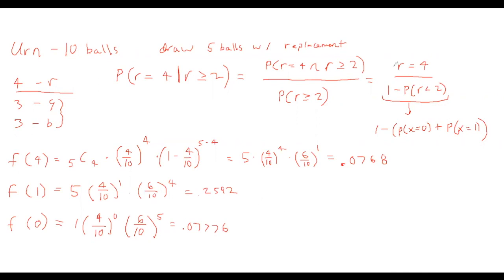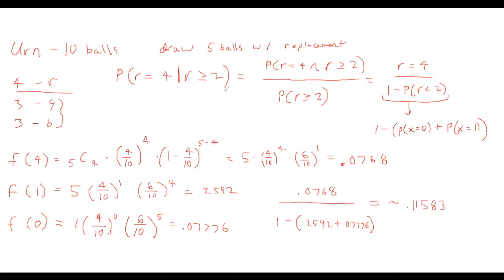And so to calculate the probability that R equals 4 given R is greater than or equal to 2, we're going to have 0.0768 over 1 minus, 0.2592 plus 0.07776, which is approximately equal to 0.11583.